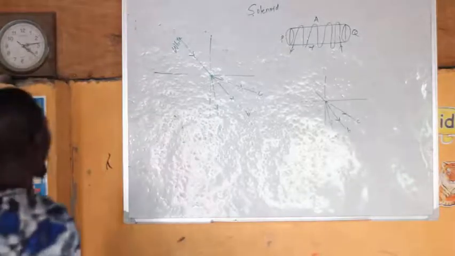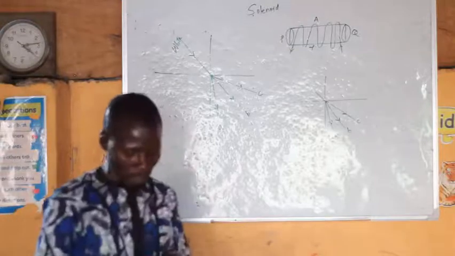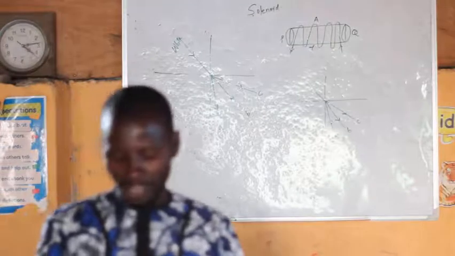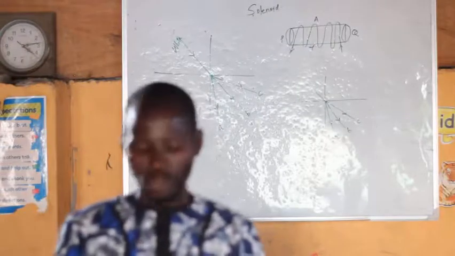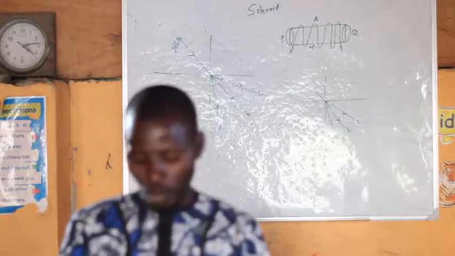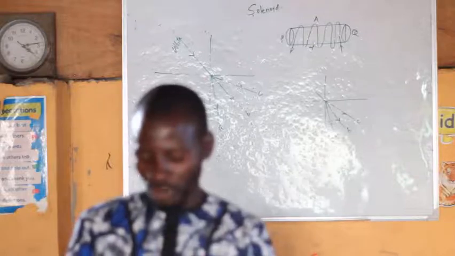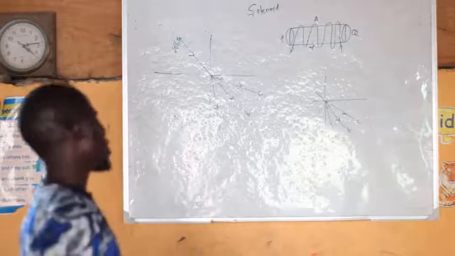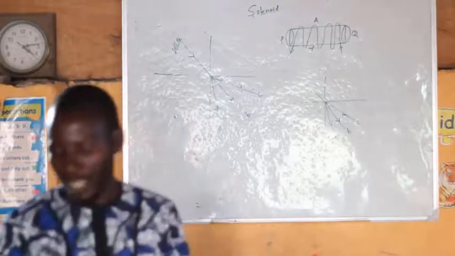I will take the question again. In the above diagram, a beam of white light travels from a red to a dense medium. What colors of light do the rays A, B, C represent respectively?